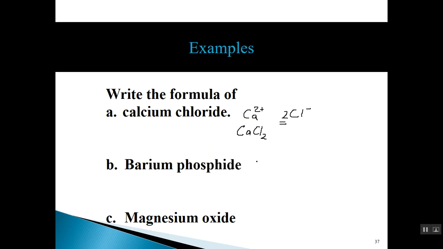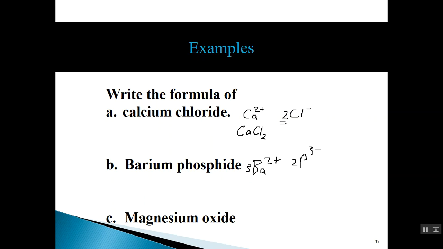Now for the second one, it's the same principle. The first step, you go to the tables and you look up the formula for barium, which is Ba2+, and for the phosphide ion, which is P3-. So we have a +2 charge here, we have a -3 charge. How do we get the charges to cancel out? We need a 3 here, and we need a 2 here, right?